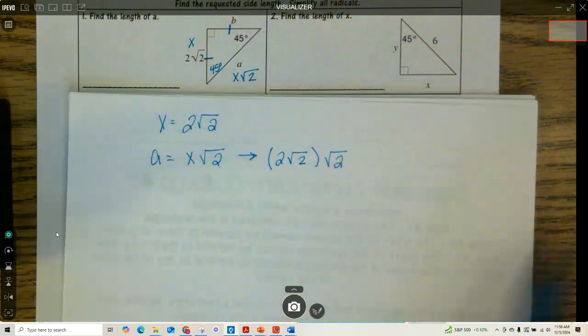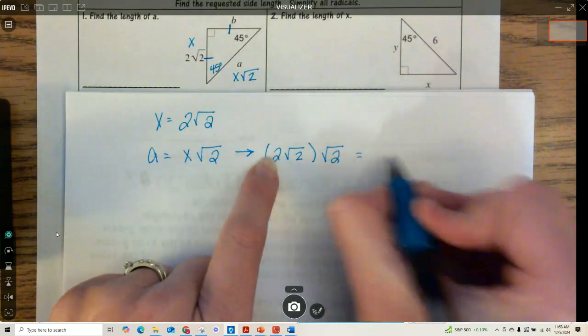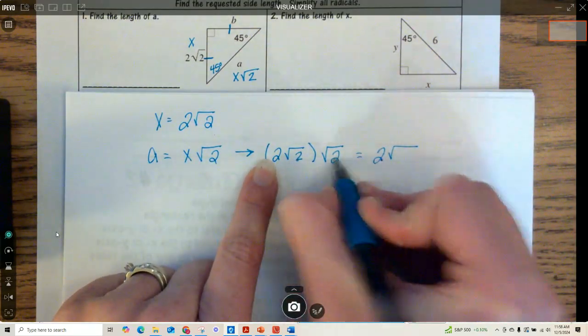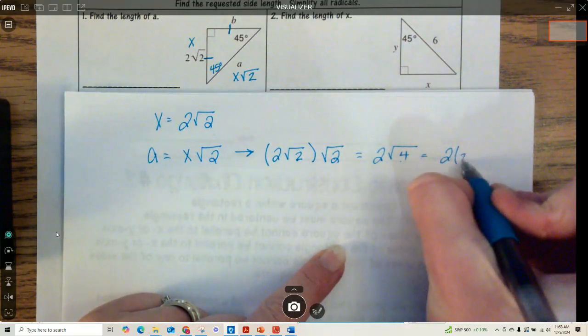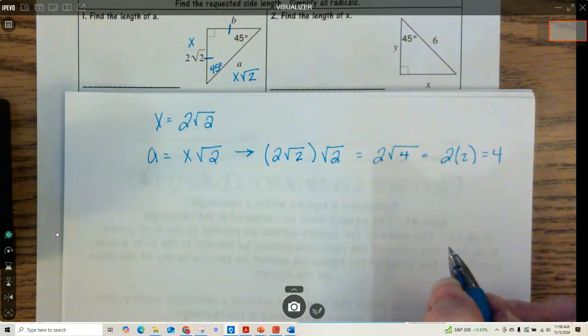You multiply what's underneath the radicals: keep the square root, 2 times 2 is 4. What's the square root of 4? It's 2, and 2 times 2 is 4. So they simplify easier than you think.